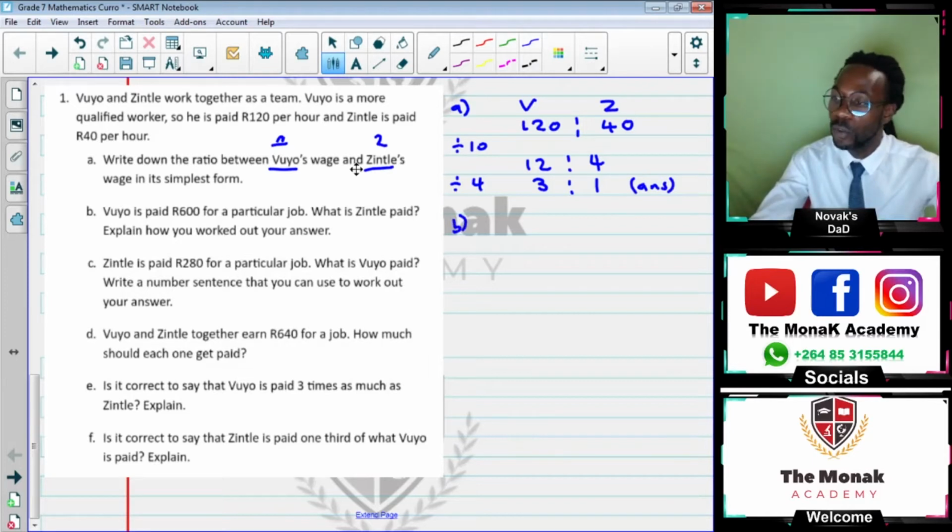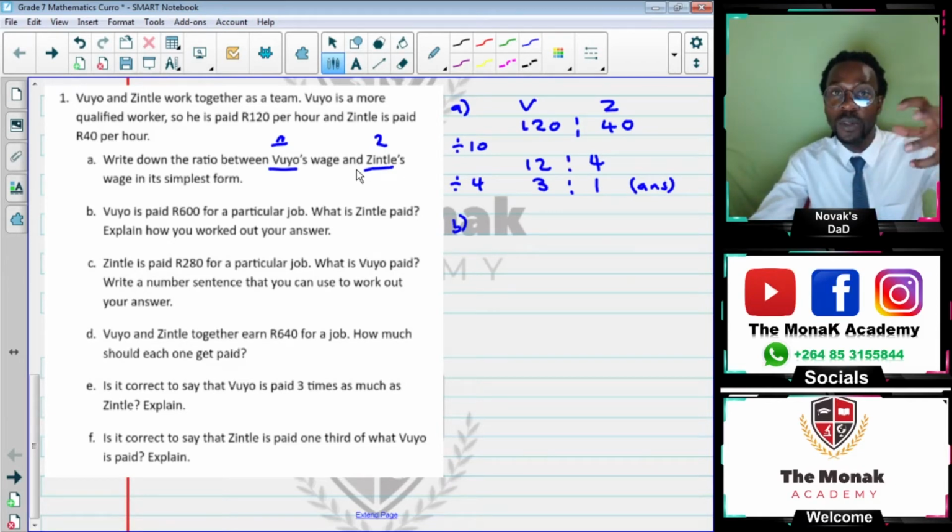Then we look at number 2. Vuyo is paid 600 for a particular job. What is Zinhle's pay? Explain how you worked out your answer. Now that we have our ratio, it becomes easy, and you meet a lot of questions like this, where you know the portion in which people are sharing, and they tell you the amount that one person got, and you should be able to calculate the amount that the other person got.